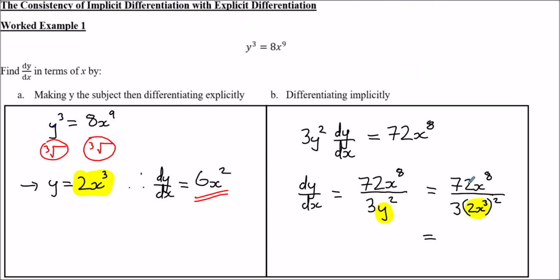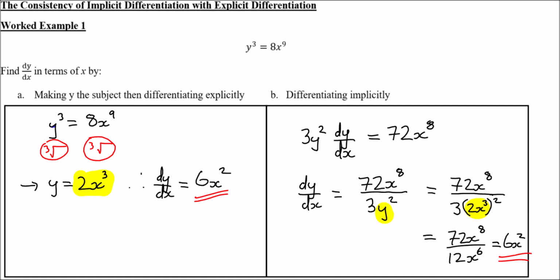So 72x to the 8. 2 squared is 4, times by 3 is 12. x cubed times x cubed is x to the power 6. 72 divided by 12 is 6. x to the 8 divided by x to the 6 is x squared. So we see it does hold up, it does make sense, it is consistent with what we knew all along. So that's dy by dx. We see it's 6x squared again.